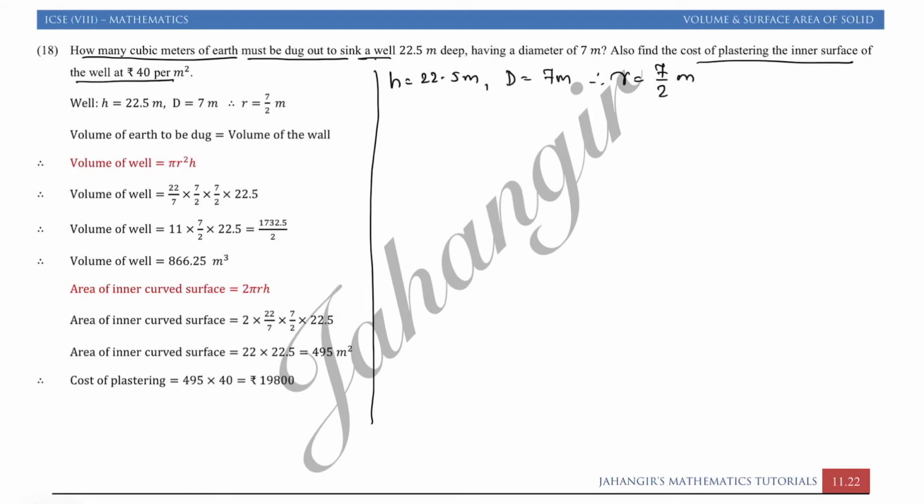So first we have to find volume. Volume, that is how many meter cube of earth. Earth means that mud. Volume of earth dug is equal to volume of well.